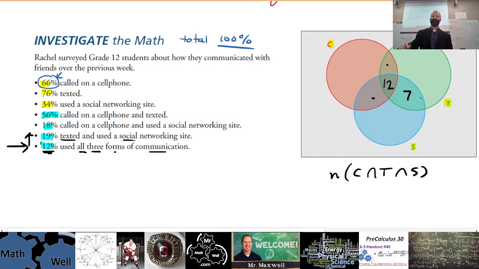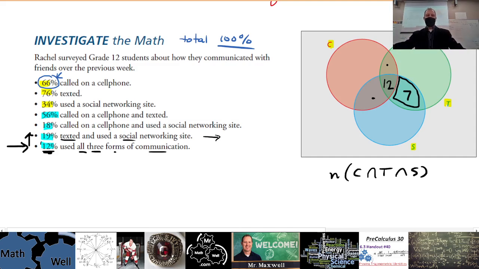So 7 needs to go in there, and now we've successfully filled another section of the Venn diagram. For the future, we're going to do another example with this today too. This section, 7, is the number of students that used texting and social networking only. You're going to see an only in another question, and that's what the only part would be: T and S only. That's what the 7 is.